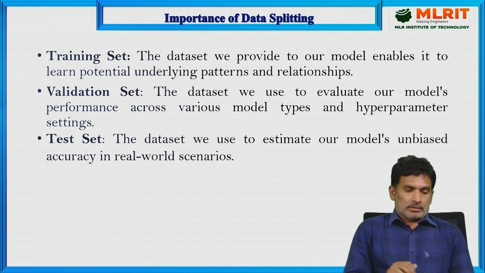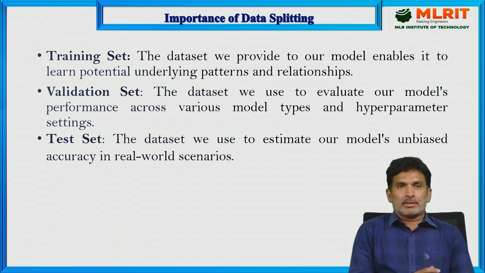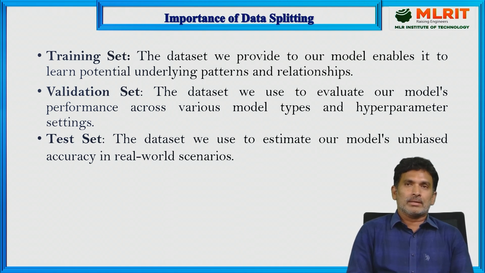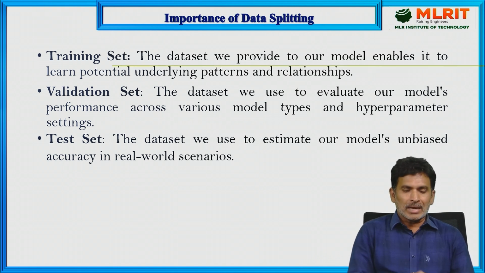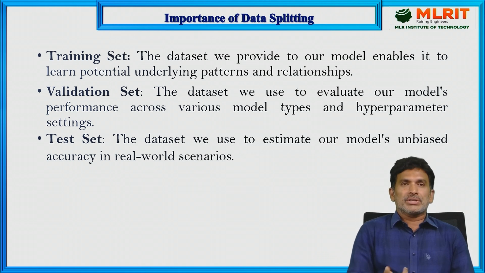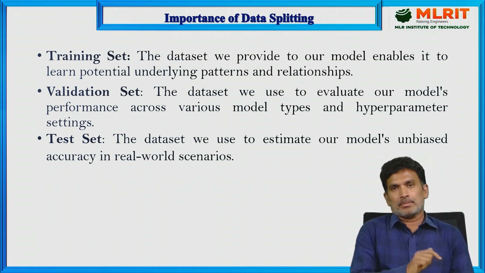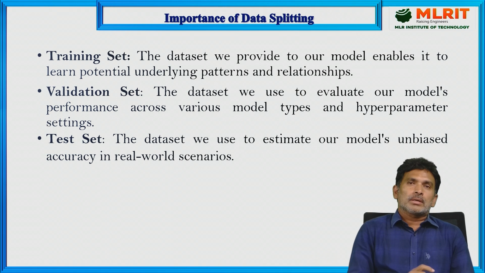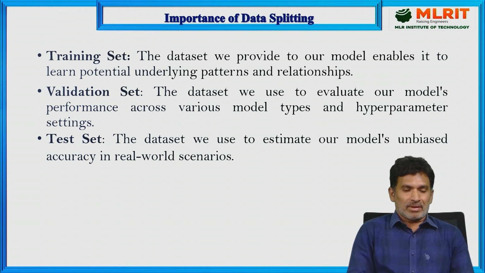Let us quickly go through this, though we discussed it in the previous lecture. The training set is the data set we provide to our model to enable it to learn the underlying patterns and relationships. Next, the validation set: in the previous code we selected 20% as validation.